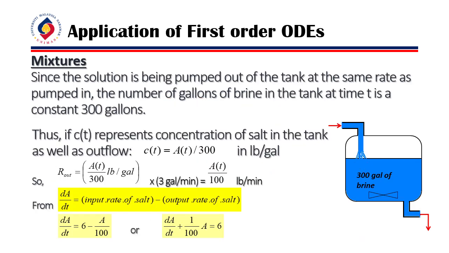Since the solution is being pumped out of the tank at the same rate as it is pumped in, that means, as stated in the question previously, our input rate is equivalent to our output rate, the same rate. The number of gallons of brine in the tank at time t is a constant 300 gallons.